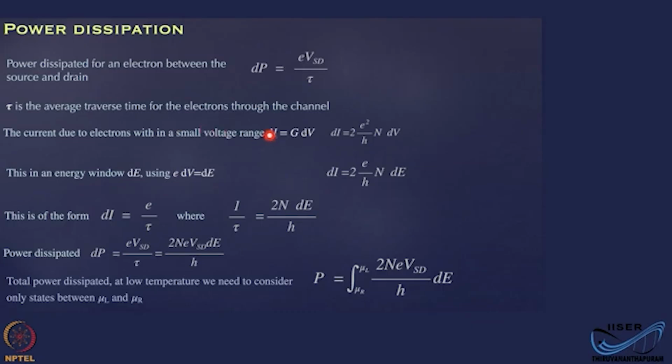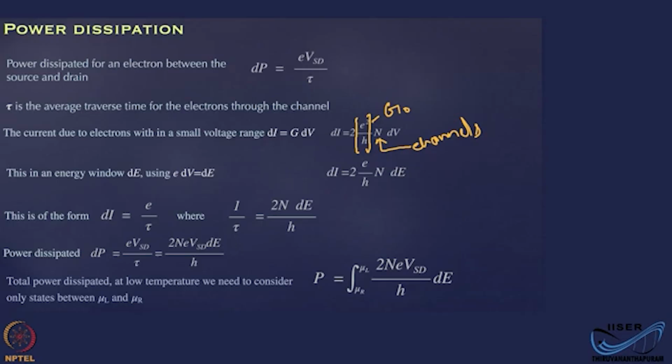So the current is the conductance times voltage. This is G, the conductance: 2 e squared by h, the conductance quantum, times N, the number of channels. So the current is dI equals 2 e squared by h times N times dV.